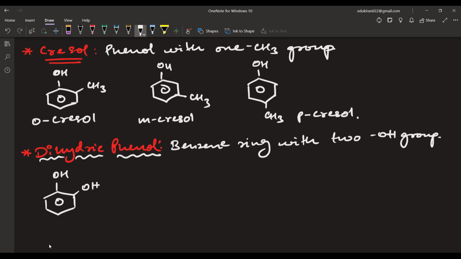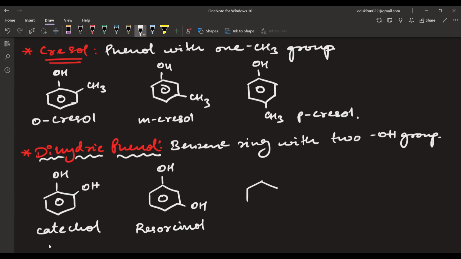This is known as catechol. OH in the first carbon and OH in the meta position is known as resorcinol. OH here and OH in the para position is known as quinol.